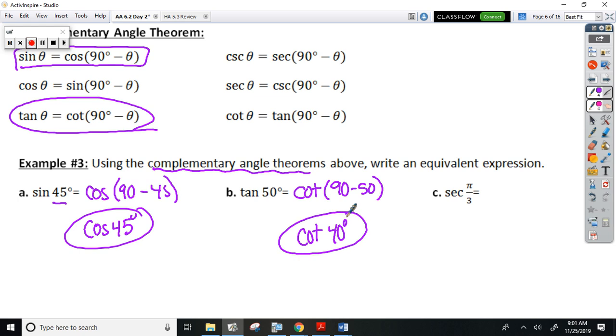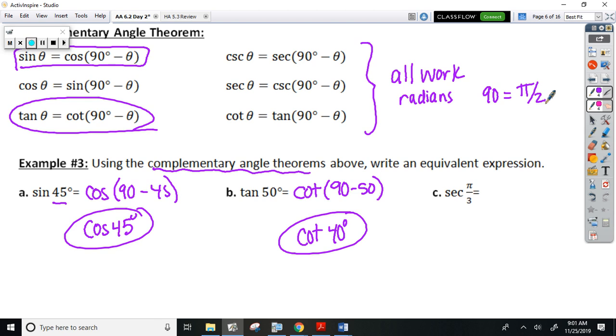All right, now the secant of pi thirds. There's two ways that you can do that. These expressions all work for radians, knowing that 90 is equal to pi halves. So if you want to leave it in radians, you would just change the formulas to all have pi halves instead of 90s.